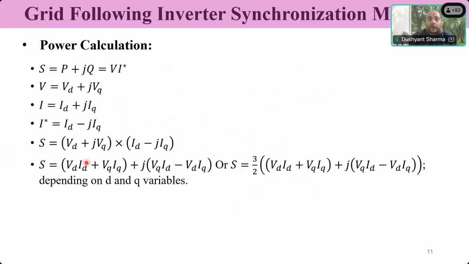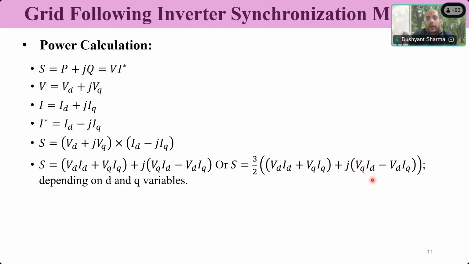But the point is, active power is basically the multiplication of in-phase quantities. That means Vd into Id plus Vq into Iq, in phase, Q with Q, D with D. Likewise, reactive power is basically the multiplication of perpendicular quantities. Just like in a simple AC phasor, we have the in-phase current and we have the perpendicular currents. If the current lags or leads by 90 degrees, it gives reactive power. If the current is in phase, it gives active power.